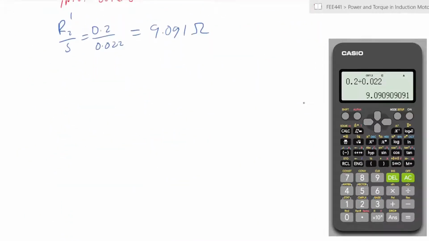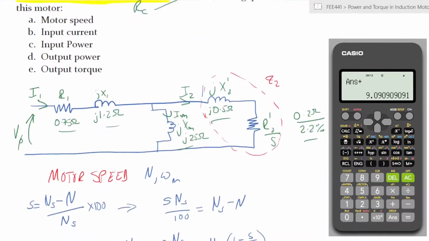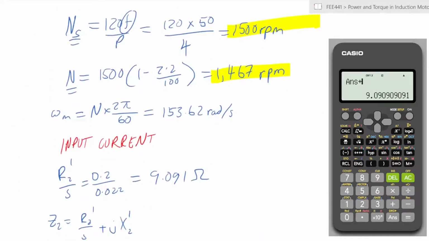So we say Z2 is equal to R2 prime over S plus jX2 prime. Back to the calculator. So we already had that. So jX2 prime, we have said, is 0.5.